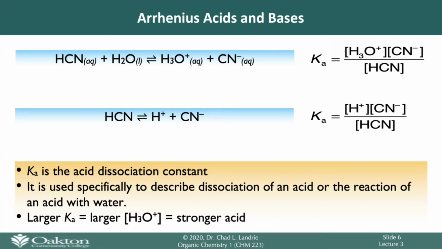HCN is dissociating, or the bond is breaking, right, between the hydrogen and the carbon to produce a proton and cyanide. This is very similar, and the Ka is defined in a similar way. One thing to remember is that the larger the Ka value, the more hydronium ion is being produced, and the stronger the acid is.